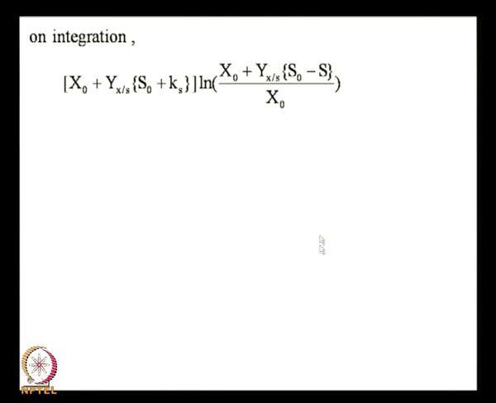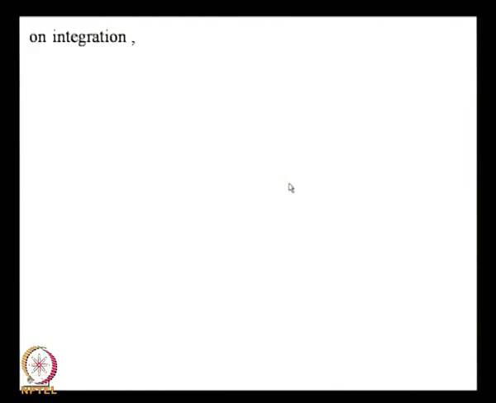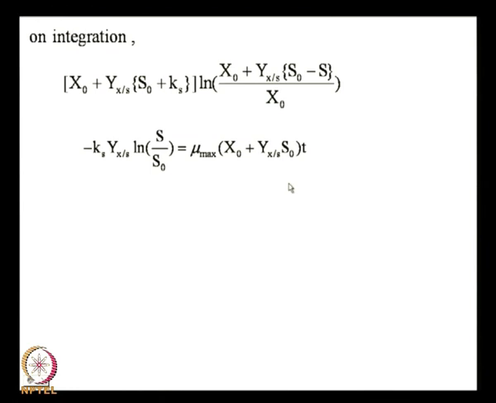On integration, this is what you get. And how do you get this? Just using partial fractions: take it to the denominator, use the partial fraction, then you will get exponentials for both cases, and this is the solution you got.